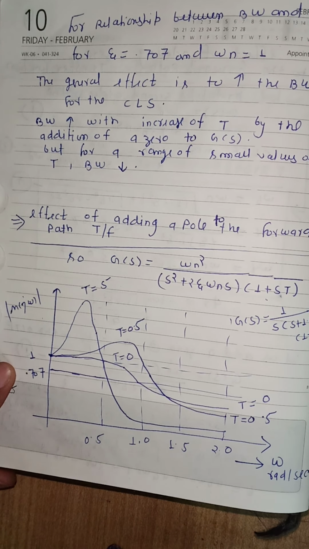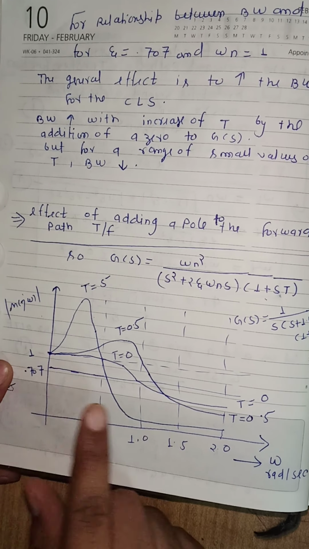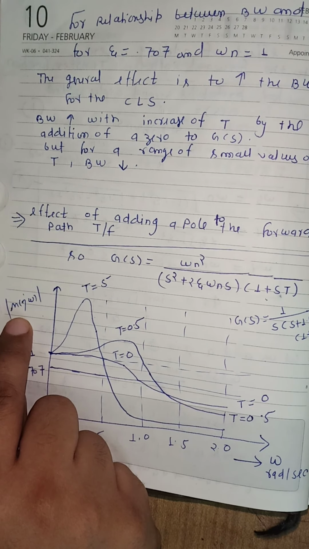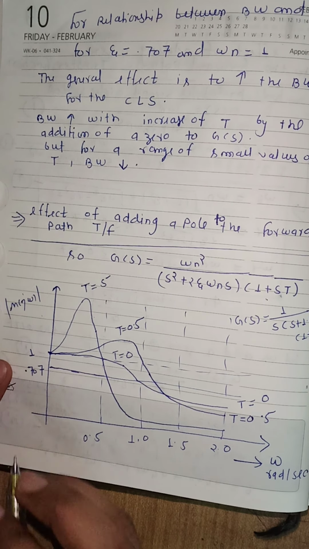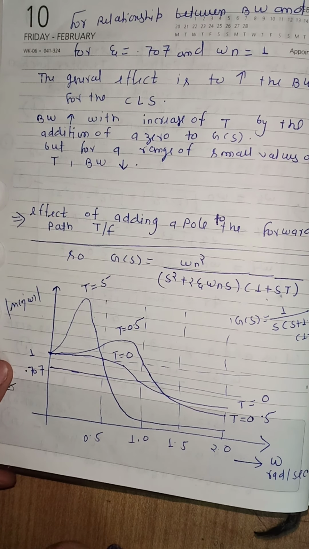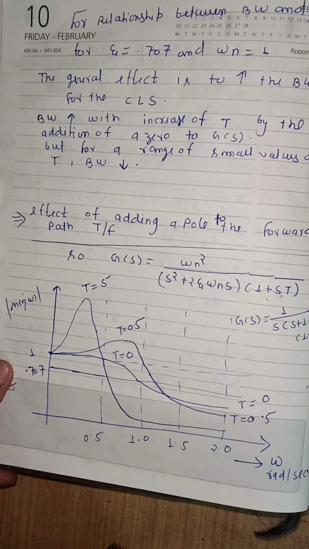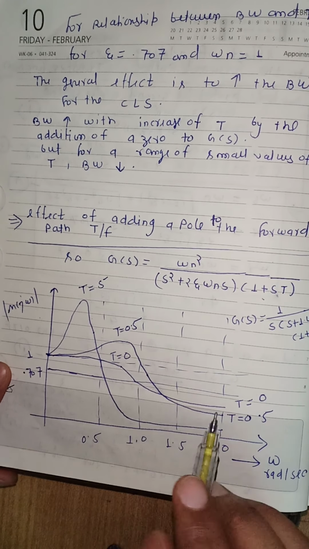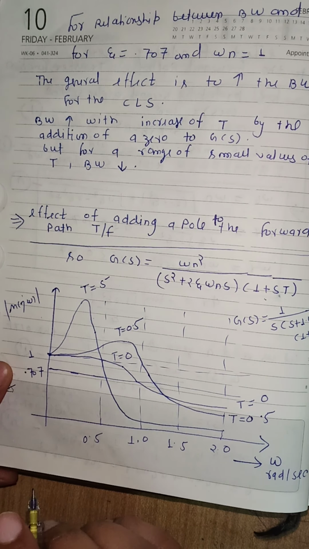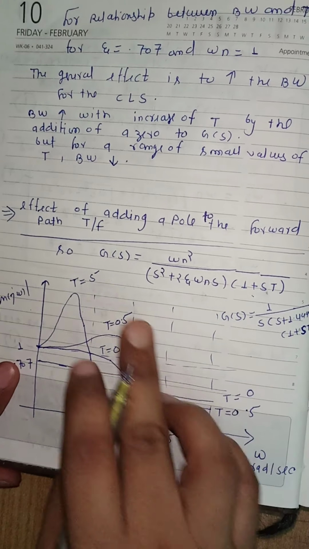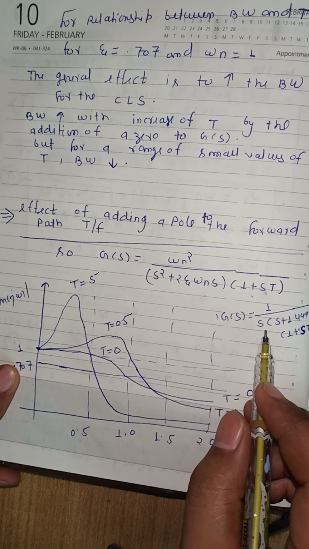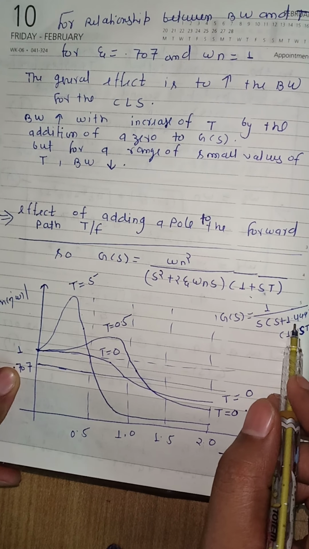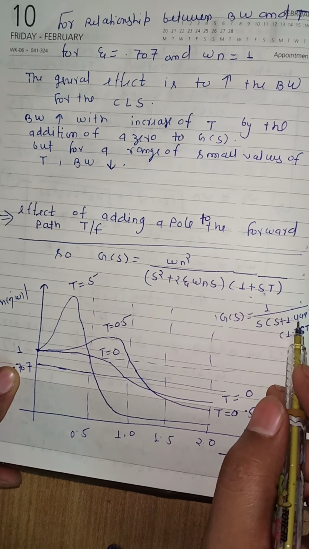So the diagram will define the plot of magnitude of M(j omega) versus omega for omega n equal to 1 radian per second and zeta equal to 0.707, and the system is stable for all values of capital T. So if we consider omega n equal to 1, zeta equal to 0.707, G(s) becomes 1 over s (s plus 1.44).